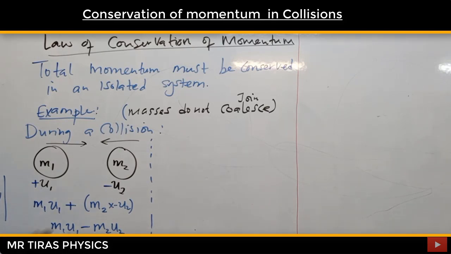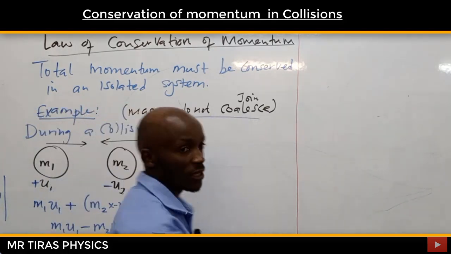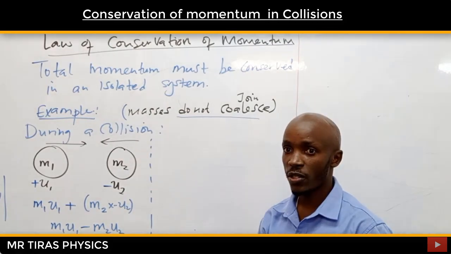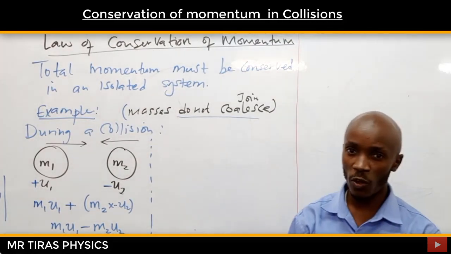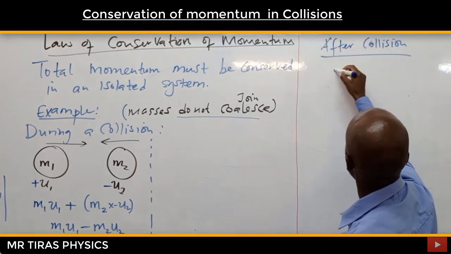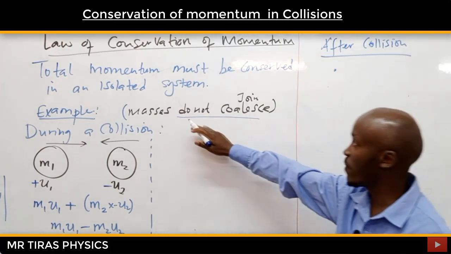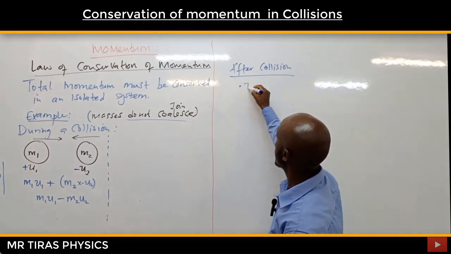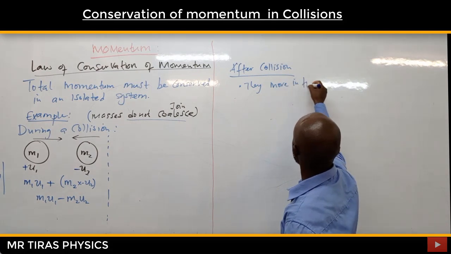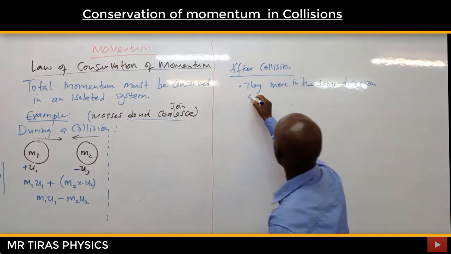After collision, since we said they do not coalesce, meaning do not join together, there are a few possibilities. After collision, masses may choose to do one of the following. First, they may move in the same direction at different speeds.